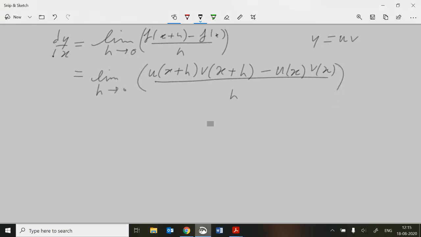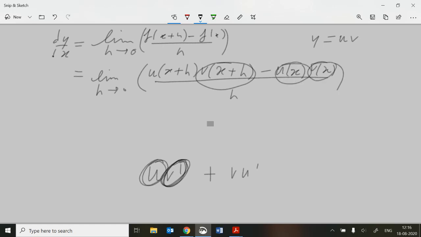Now, it's difficult to see how this is going to be taken further, because what we're working towards, of course, is u v dash plus v u dash. So somehow I want to engineer some factorizing out of u, and then I want to be left inside with v of x plus h minus v of x once I've factorized out my u.